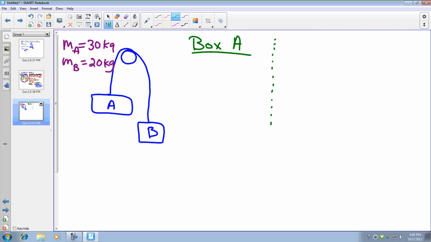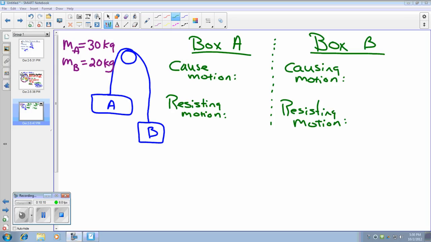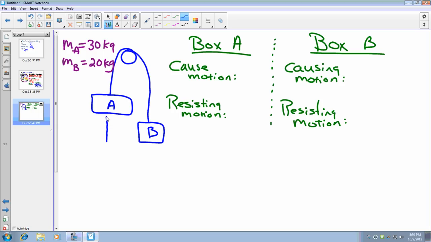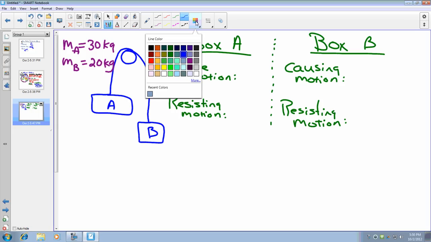For box A, what is causing that motion? Well, what's causing that motion is going to be, and I'm going to pause it here for just a second. All right, so if we think about box A and what's going to actually cause the motion of box A, let's go with a new color, something fun like orange.